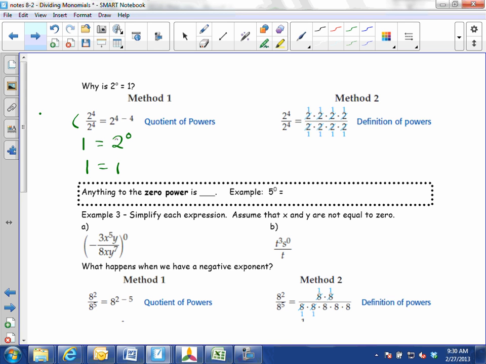They said we could also write it out because 2 to the 4th is 2 times 2 times 2 times 2, over 2 times 2 times 2 times 2, and these all cancel, so we just end up with 1. Or we can think of something divided by itself as 1. Does this help? So anything to the 0 power is 1.